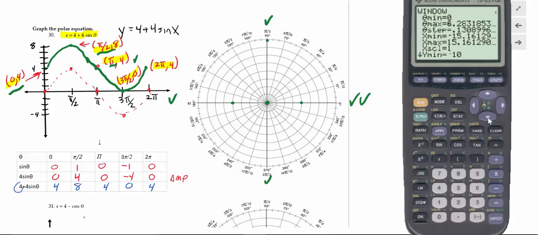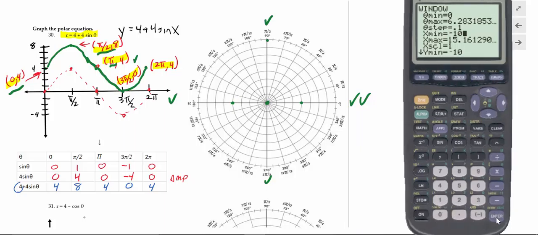You want your angles to go 0 to 2 pi. Theta step 0.1. You want to keep that theta step pretty small. Now let's just go negative 10 to 10 by a scale of 1 in both the x and y direction. Okay, now let's graph it, and let's see what we get.